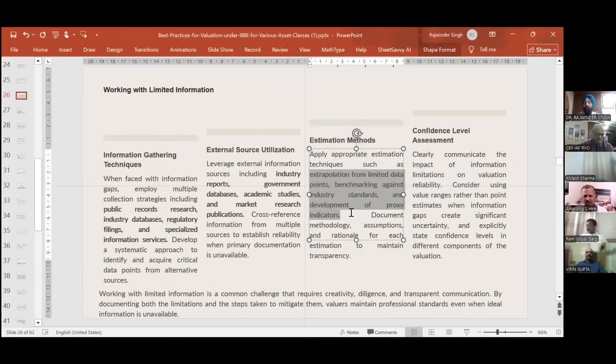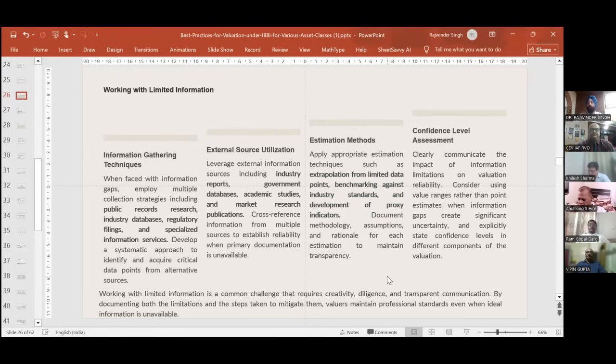So it is not only that you have the knowledge of your asset class, you must also have certain knowledge of statistics, which you have already studied in your 50 hours MEP, and you should apply those things in your day-to-day work. You should be able to do extrapolation from the limited data points. You should be able to benchmark against industry standards. And of course, you should be able to develop proxy indicators.